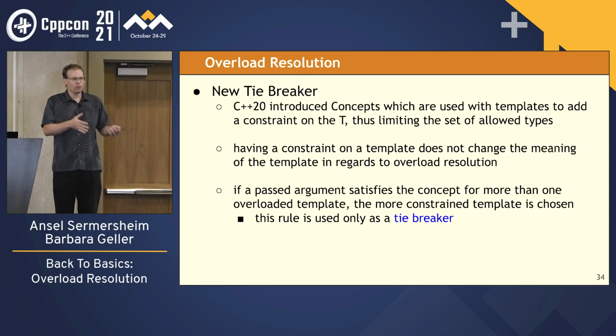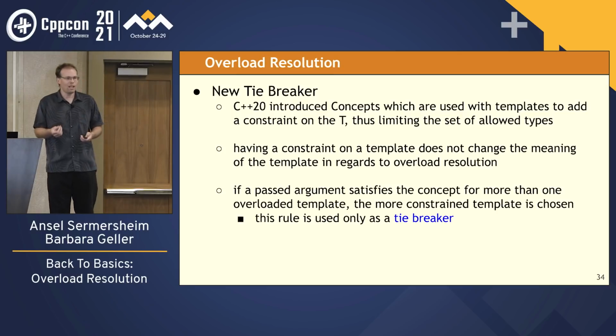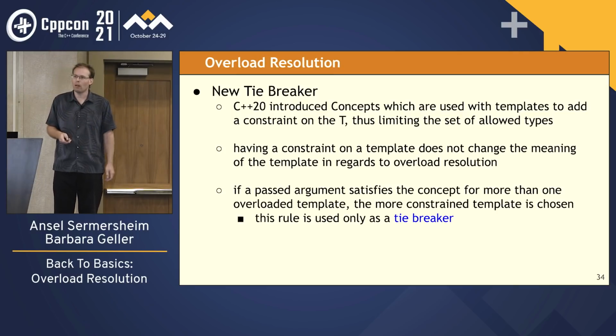Now, applying a constraint to a template doesn't really change how it participates in the overload resolution process all that much. What happens is at the end of the overload resolution process, if there's a tie, then there's a tiebreaker rule that says the more constrained template is preferred over a less constrained template. And this gives concepts a lot of usefulness in resolving ties in overload resolution in C++20.